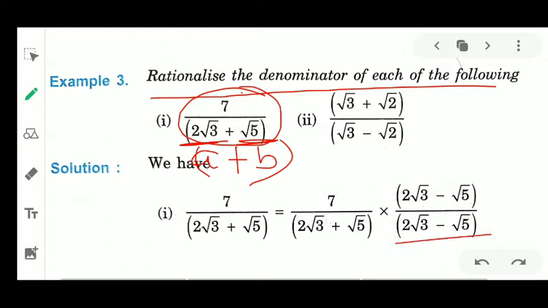First you have to write the number, then multiply by the conjugate of the denominator, that is 2 root 3 minus root 5, and multiply the numerator by the same number, 2 root 3 minus root 5.